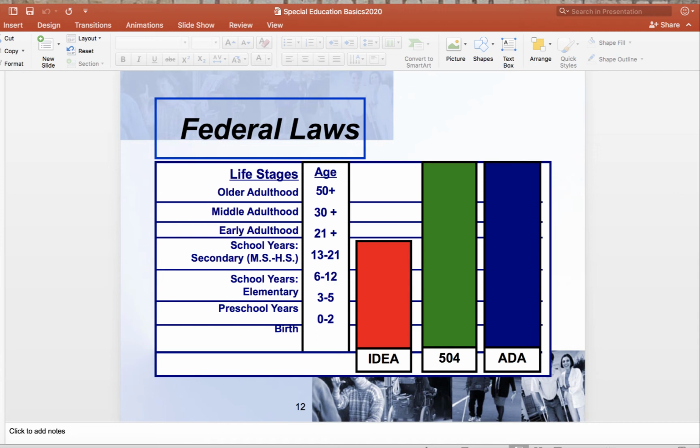But IDEA stops at 21, or when the student has a change of placement and moves out of the K to 12 education system. It is not covered in college. 504 and ADA do cover those kids. So through their 21st birthday, if a student doesn't graduate before 21, we say they age out. So that's the age ranges for these laws.